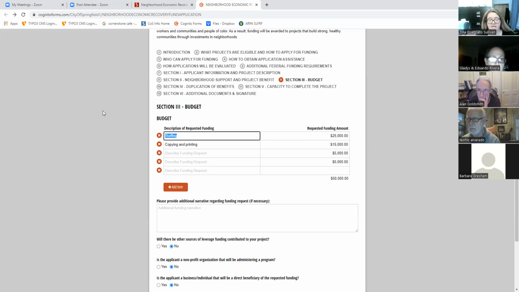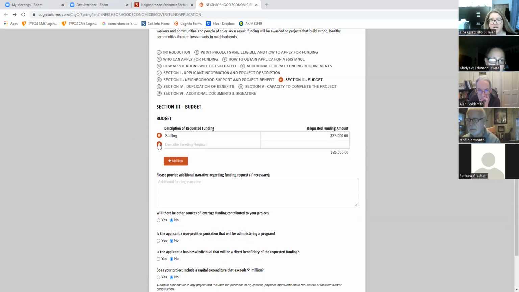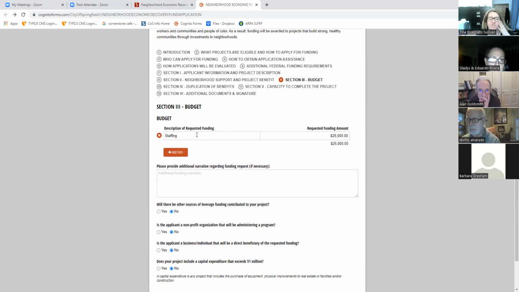It shouldn't just be, we want funding for this big giant project, with only your total funding amount. You know what I mean? You should be line-iteming your budget so we can understand what the different elements are that you're seeking funding for.